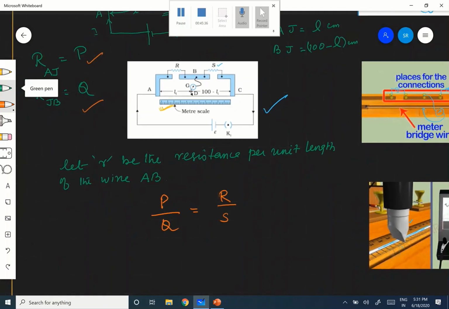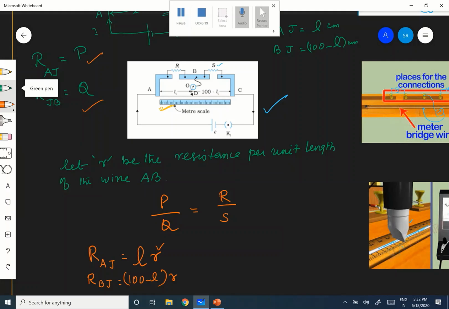P is nothing but R_AJ. R_AJ is nothing but L into R, because the resistance per unit length is R. Therefore, the resistance of the length L, AJ, is equal to LR. Like that, the resistance of BJ is (100 minus L) into R, the resistance of that part. Are you following?